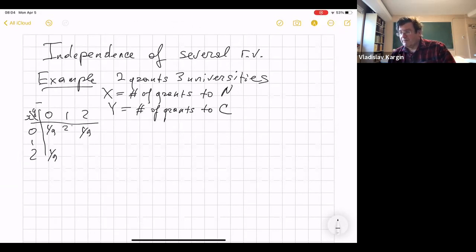All others have a probability of 2/9, since 2 outcomes result in that particular combination of X and Y. And there was 0, 0 elsewhere. So this was the joint PMF.